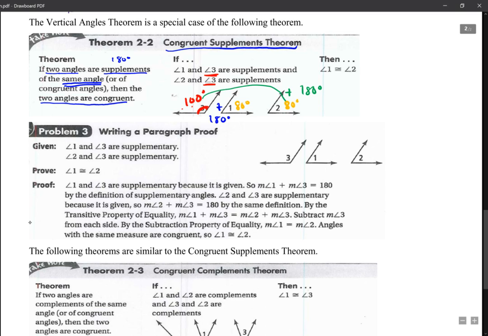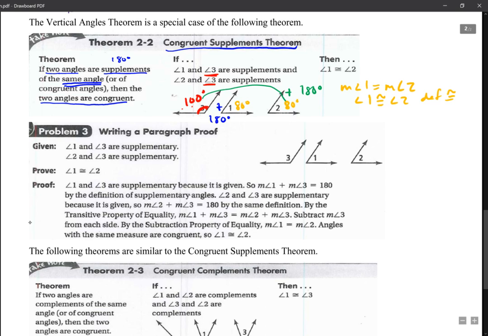And so if the measure of angle 1 equals the measure of angle 2, then I know that angle 1 is congruent to angle 2. That's just the definition of congruence. And if you look down here through our proof, that's exactly what we do.